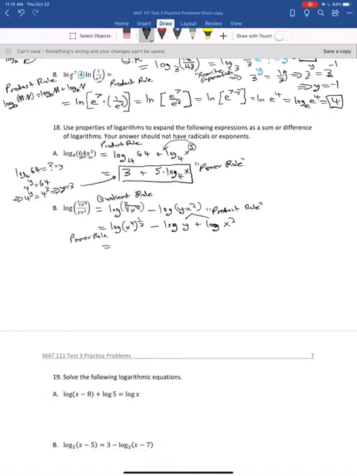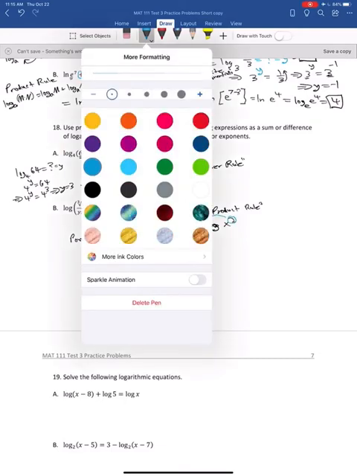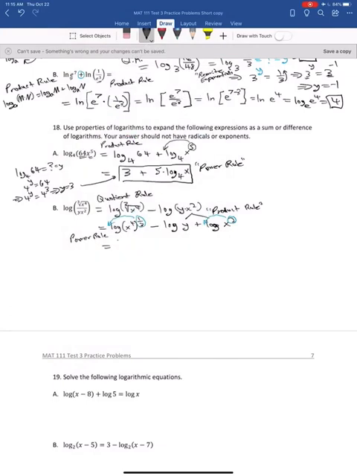These powers here, we're going to bring those down. This 1/3 is going to become the coefficient, just like this 2. So we've got 1/3 times log base 10 of x to the 4th power, minus log base 10 of y, plus 2 times log base 10 of x. So again, we've expanded that logarithm. We broke it up.